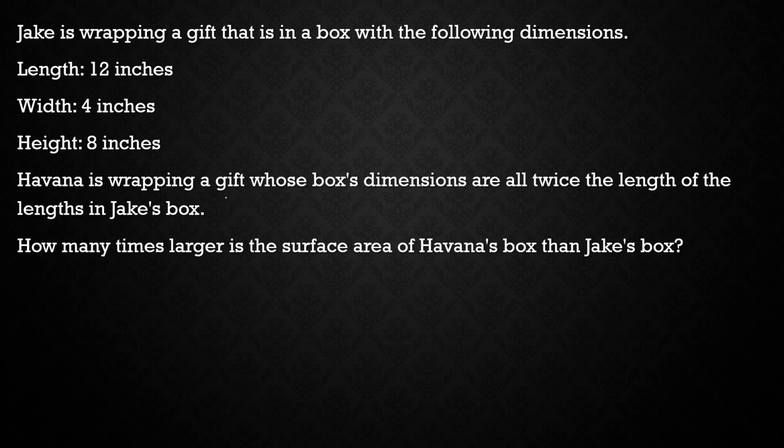Okay. So, first thing we need to do is, I know that I have 2 different boxes. So I'm going to split this in half down here. I'm going to do something like this so we can do our final work. This is going to be for Havana, and this is going to be for Jake.